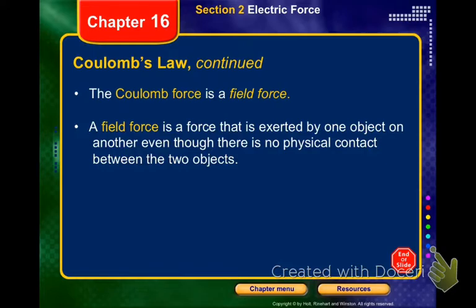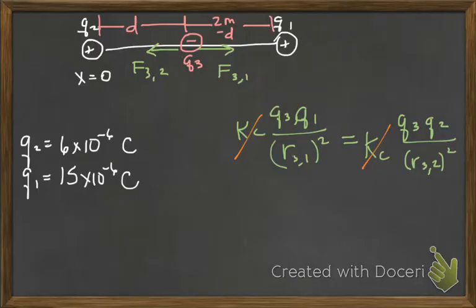But I am going to work out one more problem for you. So resultant force, put them equal to each other, the KC's end up canceling. What else ends up canceling? Q3 ends up canceling. Do we know what Q1 is? Yes, so you can actually plug in a value for Q1.